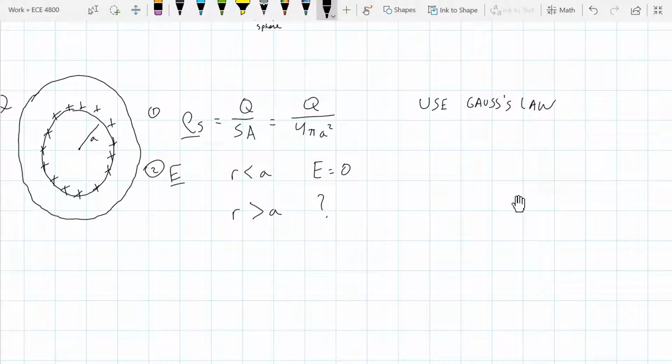Everywhere on that Gaussian surface, there's an electric field E sub r. We choose a spherical Gaussian surface in this case because the field everywhere is going to be parallel to the surface, and the field everywhere is going to be equal to each other. It's going to be uniform. Those are the criteria for the Gaussian surface.